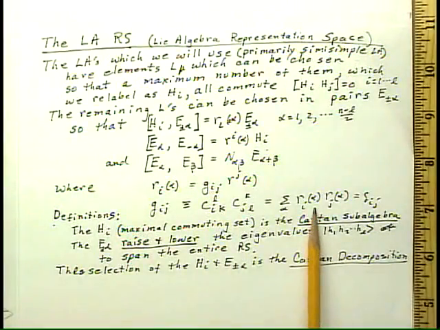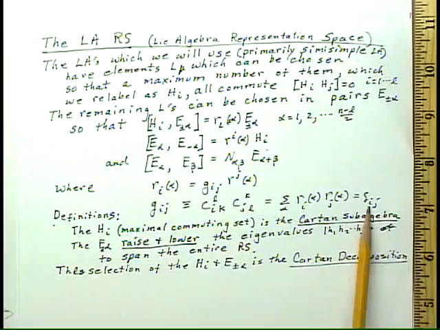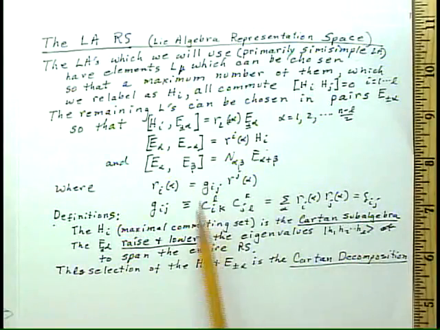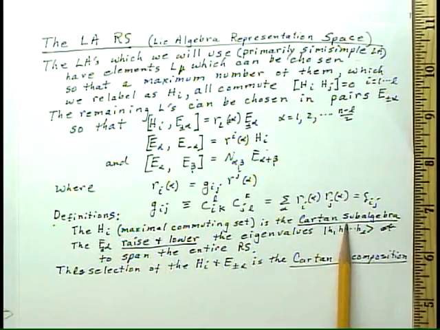This will therefore equal this expression here, which equals this expression here, which is the normalization of this system. The H's are the maximum Cartan subalgebra. The E plus or minus raise and lower those eigenvalues. This is called the Cartan decomposition of the algebra.